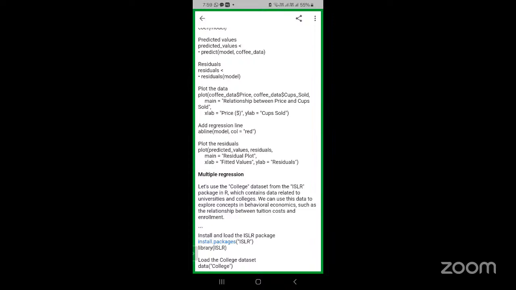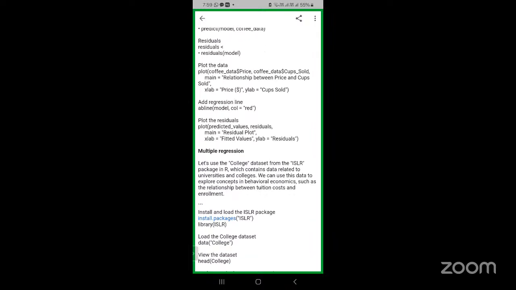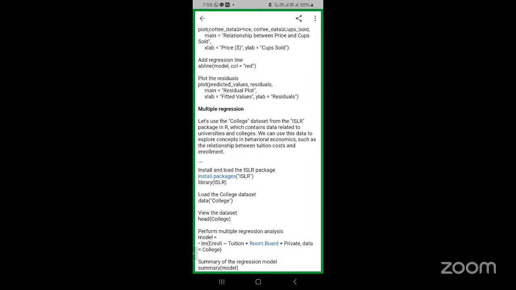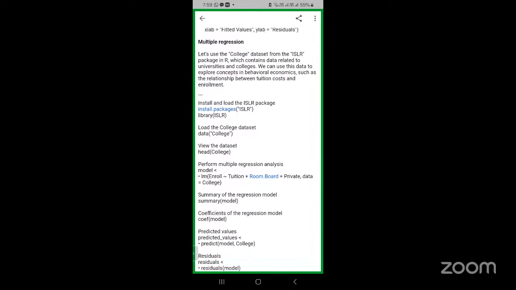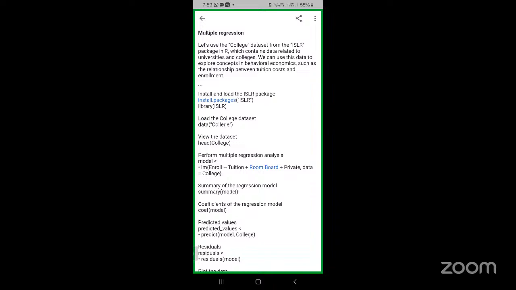And if you want to use the multiple regression, then you have to use the plus sign. Here you can see the multiple regression analysis. So the model equals linear modeling, enroll, tilde tuition. Here the data set is different.